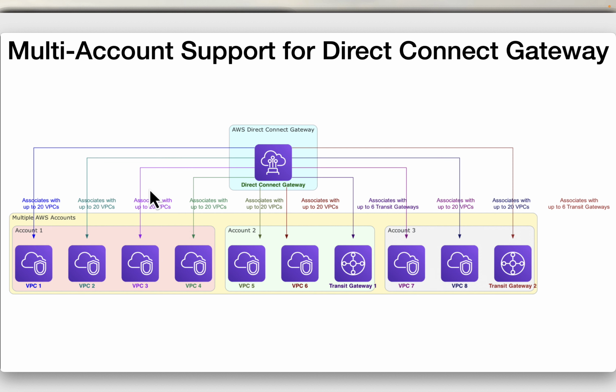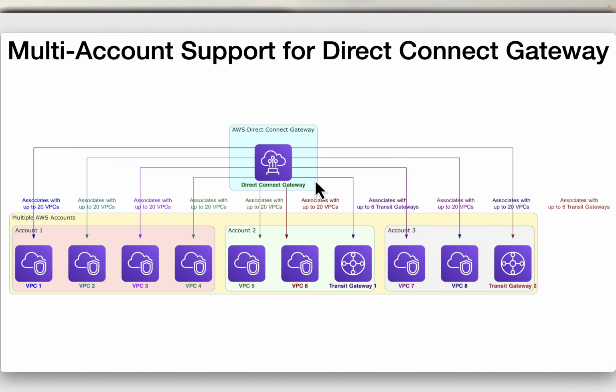The next feature is multi-account support for AWS Direct Connect gateway. This object, which is part of our AWS Direct Connect connection, is a feature that allows you to associate up to 20 Amazon VPCs, or up to 6 transit gateways, from multiple AWS accounts with an AWS Direct Connect gateway.